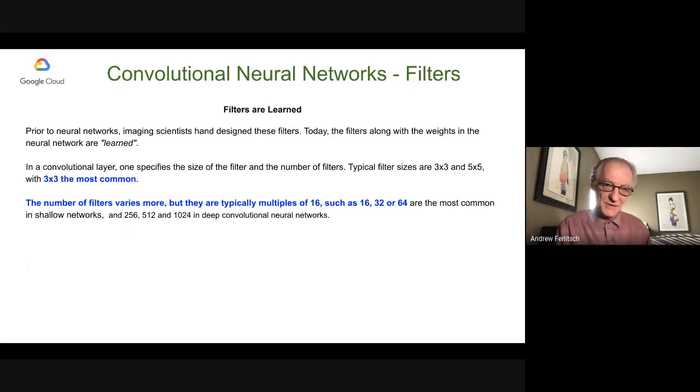So each filter is going to learn to detect different features at that level in the convolution. Typically filter numbers are multiples of 16, and this has a lot to do with hardware. That size is the most efficient for hardware utilization. When we talk about shallow networks, they're typically around 16, 32, or 64. But when we get into deep convolutional neural networks, you'll see number of filters around 256, 512, and 1024.